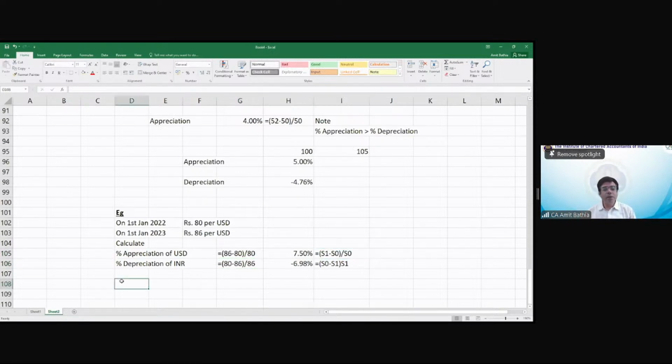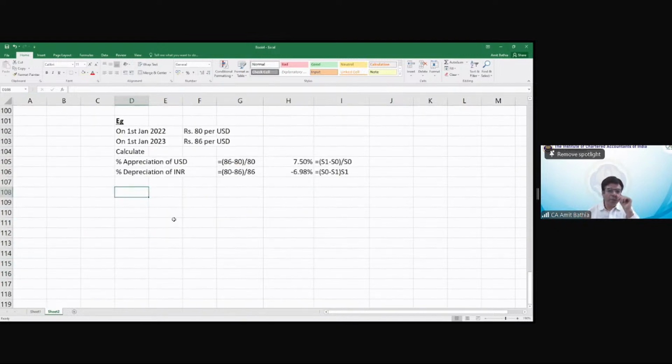Now say for example, let's take a slight variation out of this. Say for example, I have given you percentage appreciation of USD. This is given to you in the question, and you are supposed to compute percentage depreciation of INR from percentage appreciation of USD.